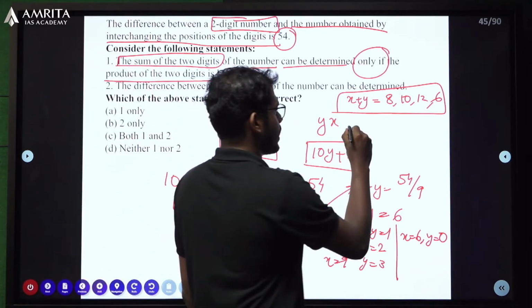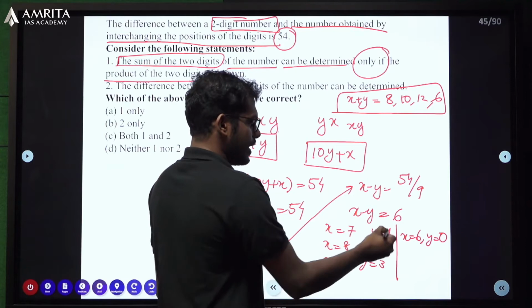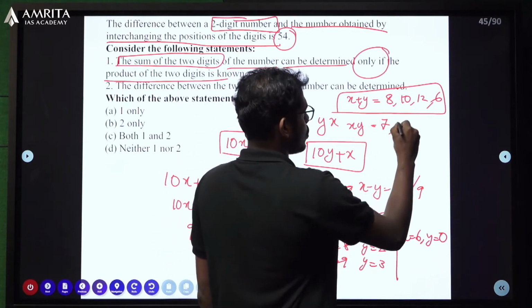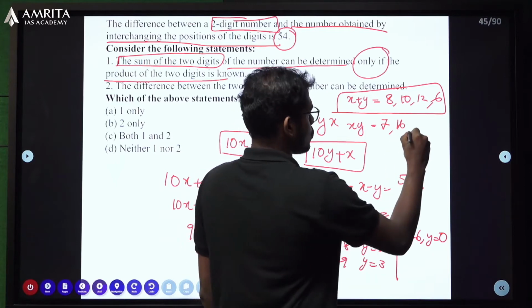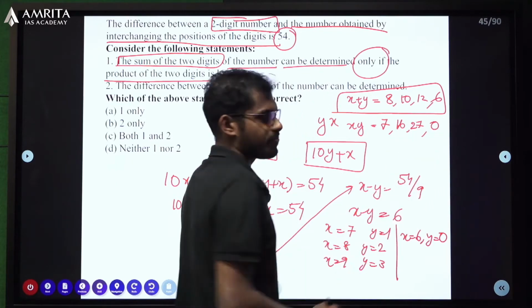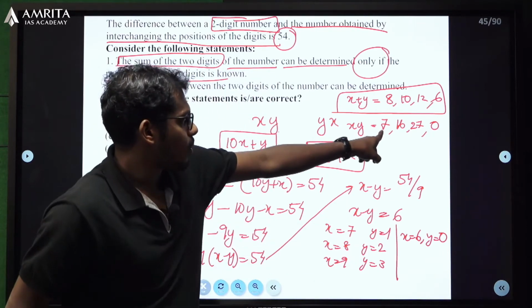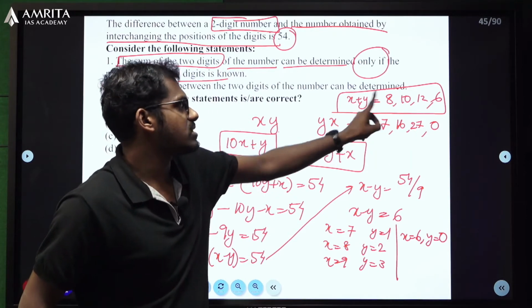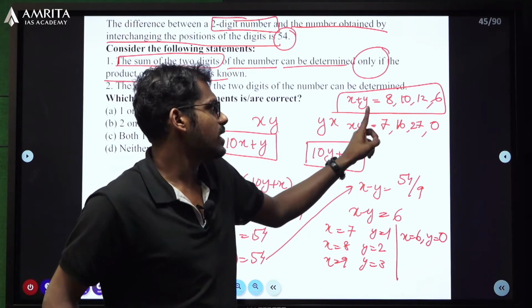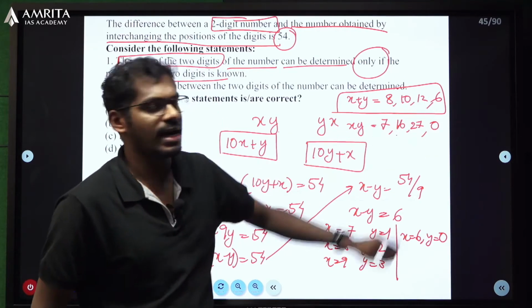So let's find xy. For the first case, 7 into 1 is 7, second case 8 into 2 is 16, third 9 into 3 is 27, last one 6 into 0 is 0. So the products of x and y are 7, 16, 27 and 0, with the respective sums of x plus y being 8, 10, 12, 6.